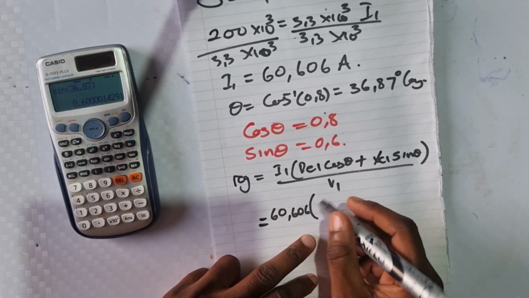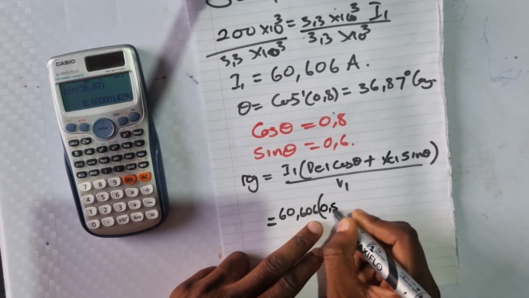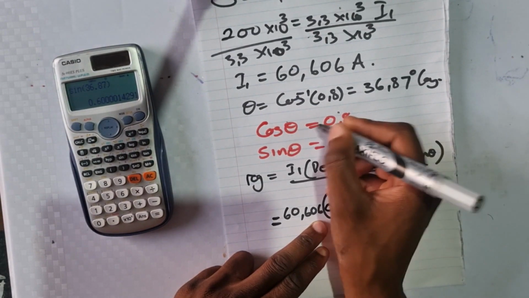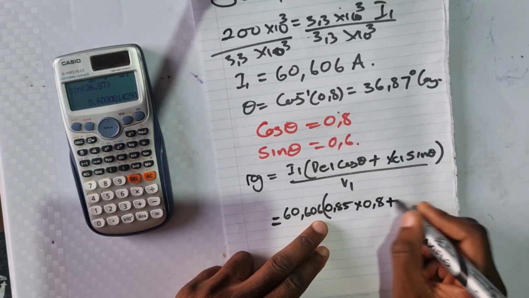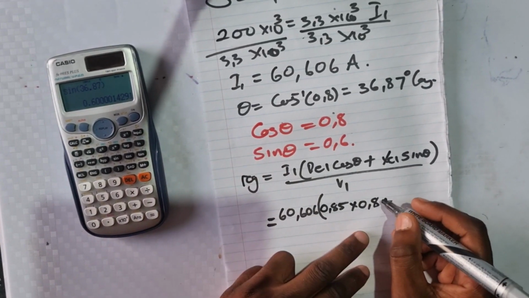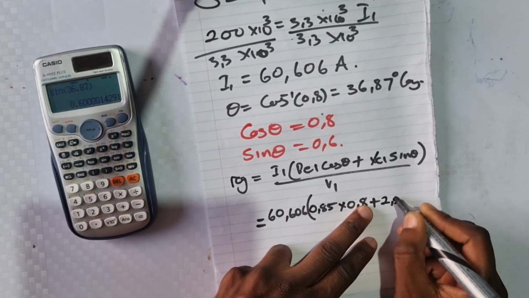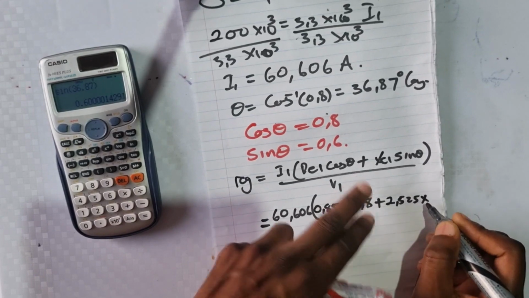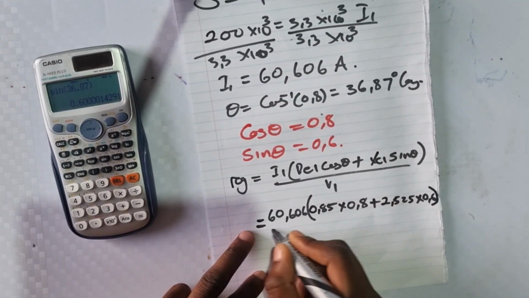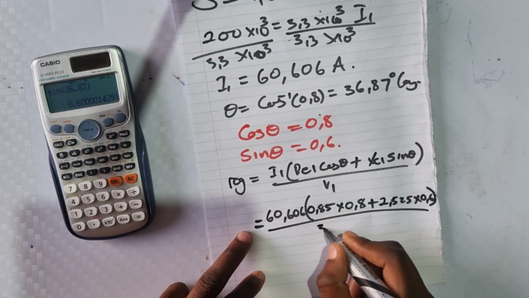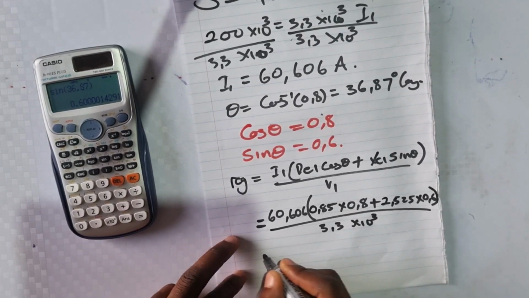We've already calculated it: RE1 is 0.85, times cos theta which is 0.8, plus XE1 which is 2.525, times sine theta which is 0.6, all over V1, which is 3.3 times 10 to the power 3.